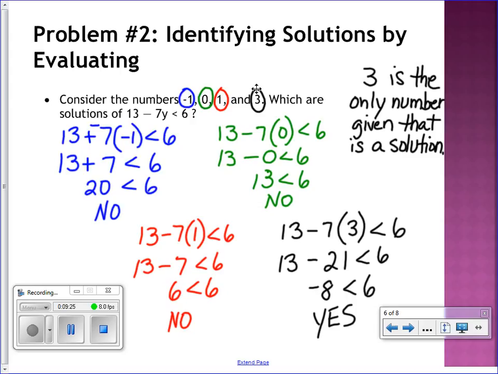All right, and we could also say -1, 0, and 1 are not solutions.